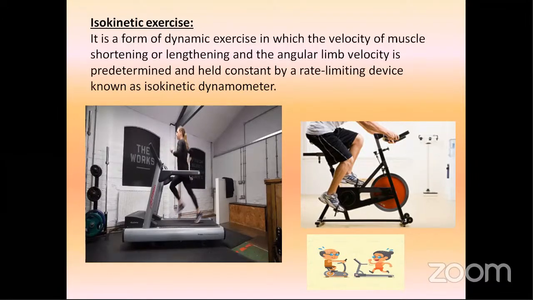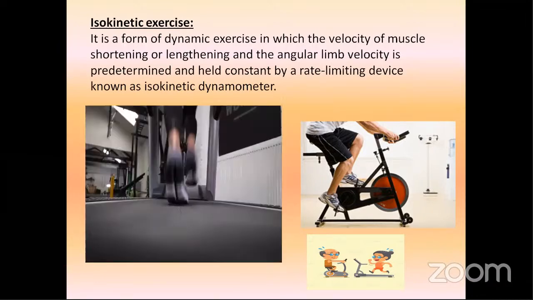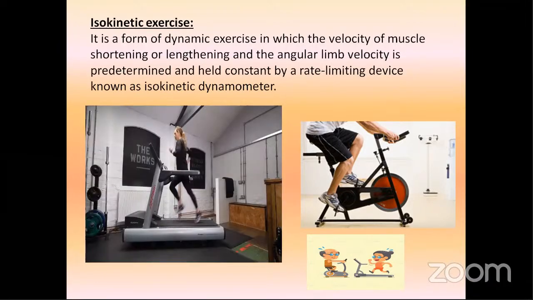The velocity can be predetermined by the isokinetic dynamometer and held constant, or manually changed according to our speed in machines like the treadmill or stationary bikes.